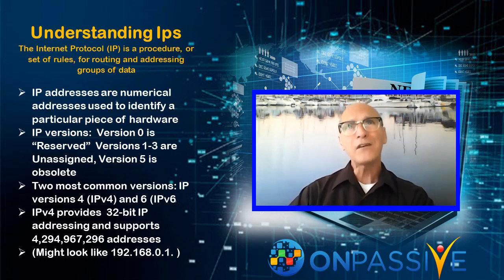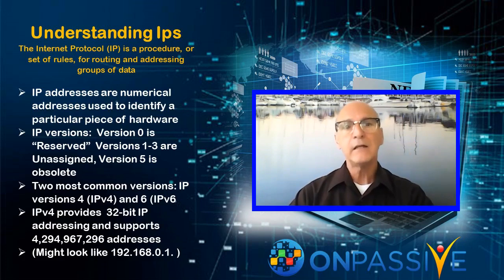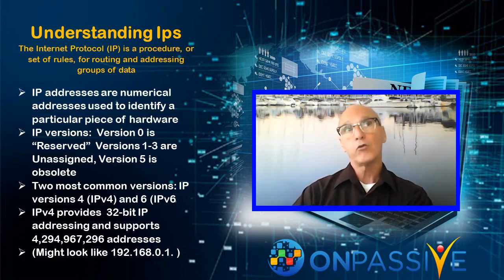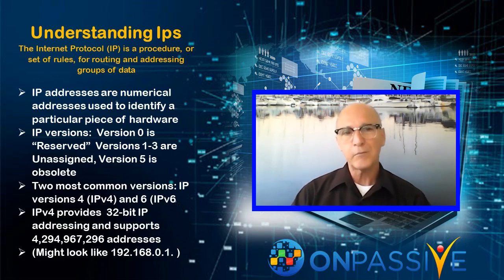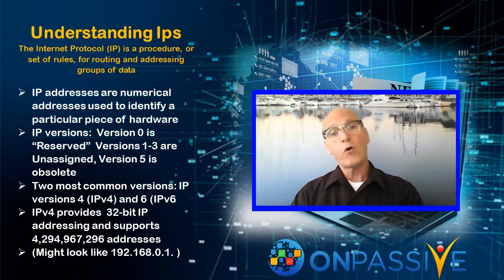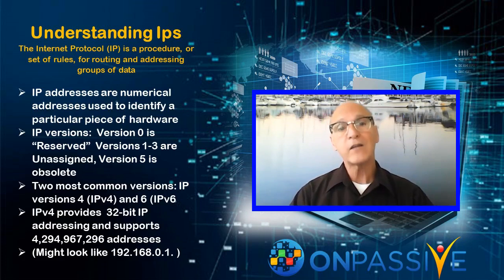At this point, we should also point out that the definition of a bit is a digit in the binary numeral system, and it is a basic unit for storing information. And that's important because IP addresses, in particular IPv4, provide a 32-bit IP addressing system, with 4 sections.